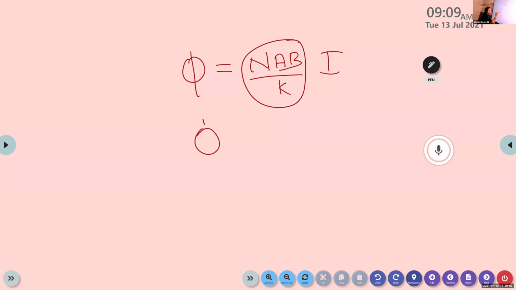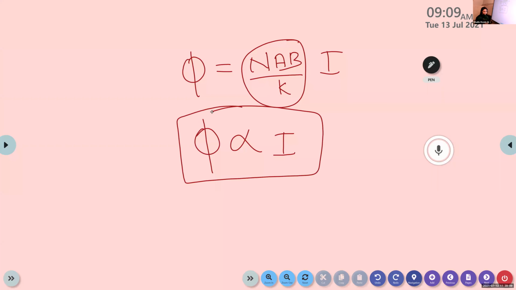So what does this equation imply? Phi is the angle of deflection and I is the current. So the angle of deflection is directly proportional to the current flowing through this rectangular coil.